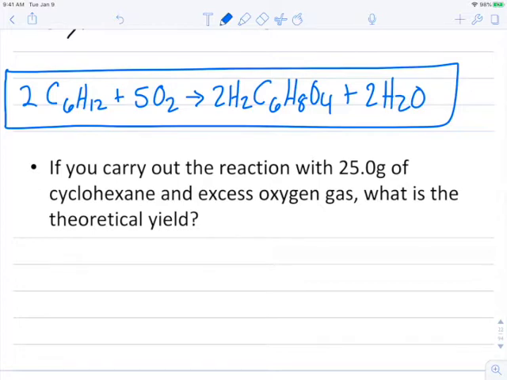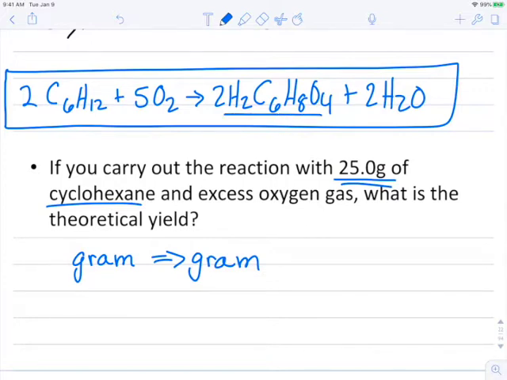So what I want y'all to do is a gram-to-gram conversion, just like we've done in the past. You're going to start with the 25 grams of cyclohexane, and you are going to end up in grams of adipic acid. So give this a try, and then we will do the percent yield together. So feel free to work with your neighbors, and let me know if you have any questions.